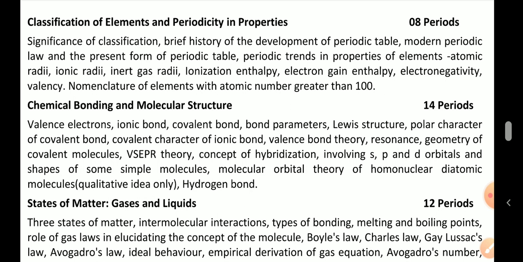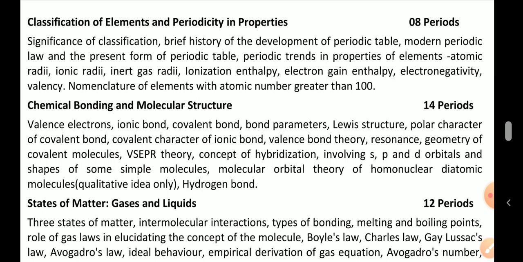In classification of elements and periodicity in properties: significance of classification, brief history of development of the periodic table, modern periodic law and the present form of the periodic table, periodic trends in properties of elements, atomic radius, ionic radii, inert gas radii, ionization enthalpy, electron gain enthalpy, electronegativity, valence, nomenclature of elements with atomic number greater than 100. You will study this in your unit 3rd.